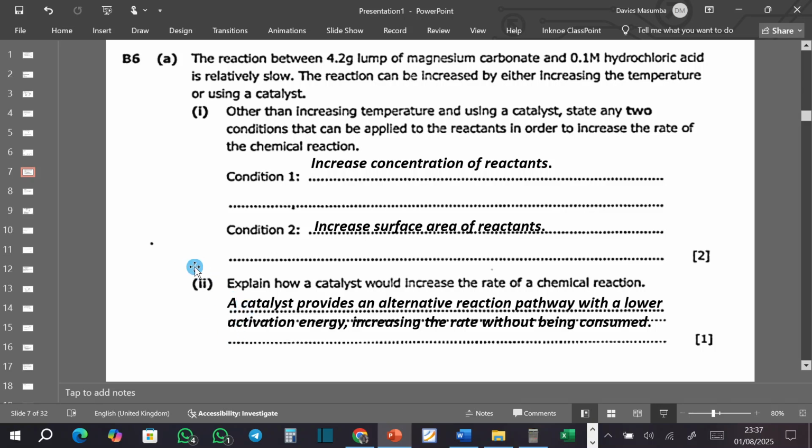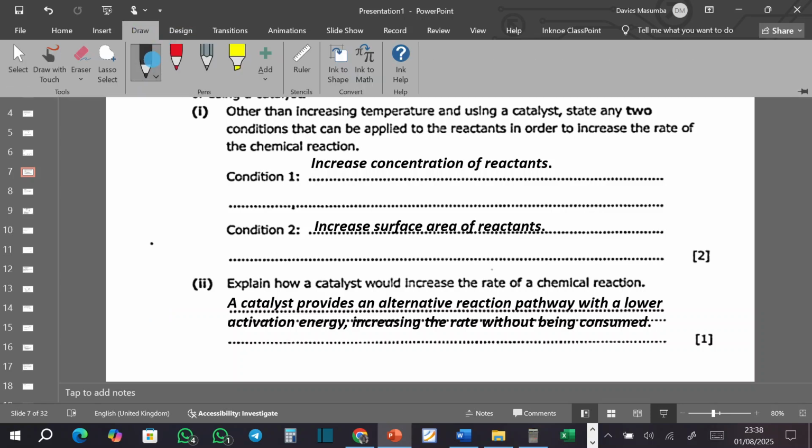It lowers that mountain which is needed for the reaction to climb. It will lower that so that the reaction does not climb anything. So it will give an alternative reaction path. So the reaction will go in a different path. Let me just illustrate something like this.